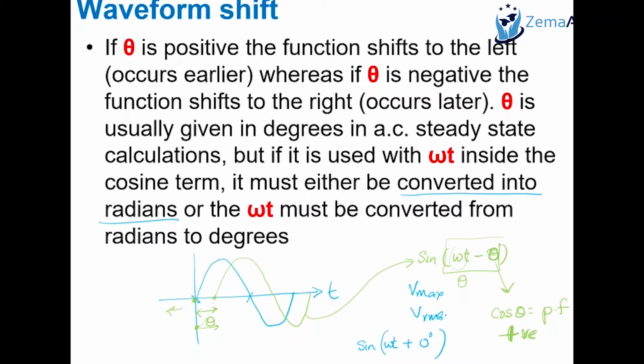It's either lagging, leading, or unity power factor. And the only positive or negative associated is with the actual angle. So people often do that and then relate it with the angle, which leads to an incorrect understanding.